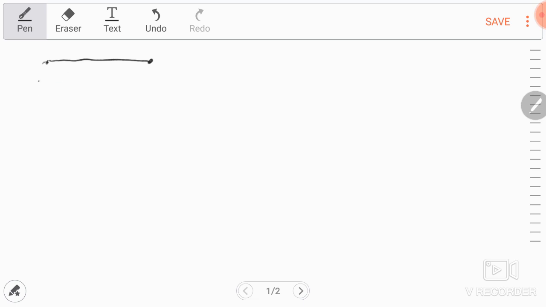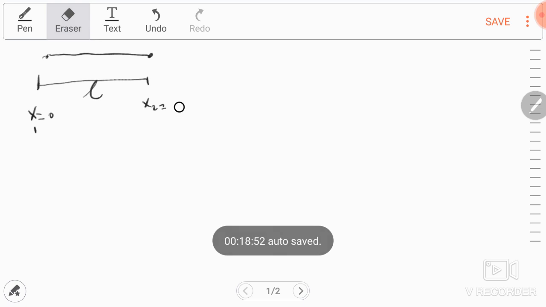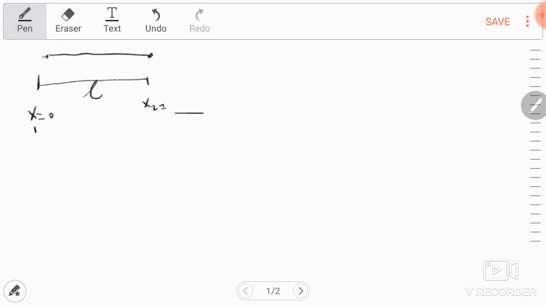Okay, this is the length, and here x is 0, x1, because I take the element on the x direction, and here x2 is equal to L, the length of the whole element.